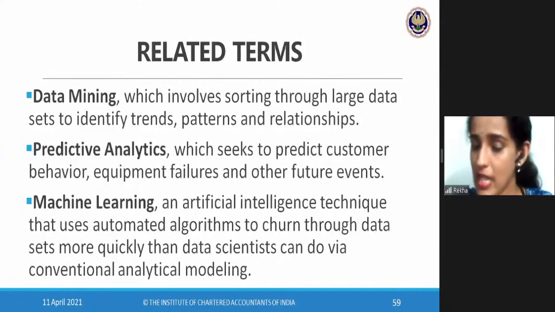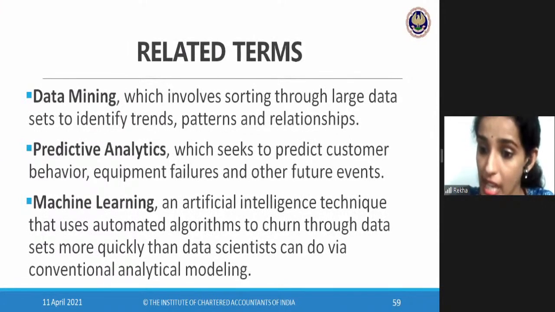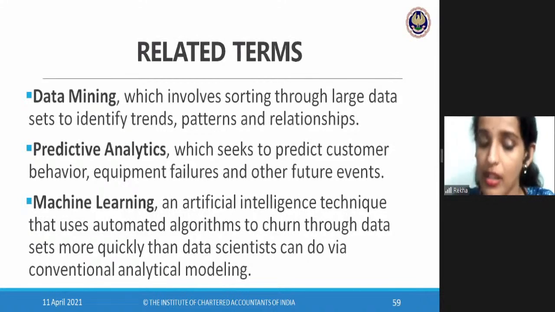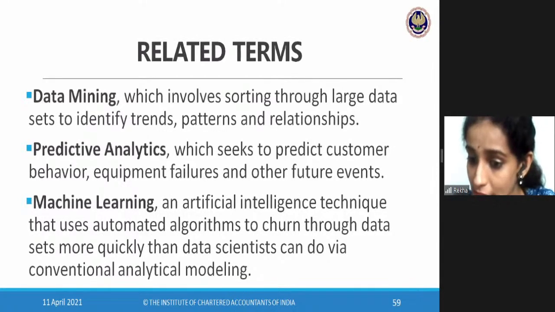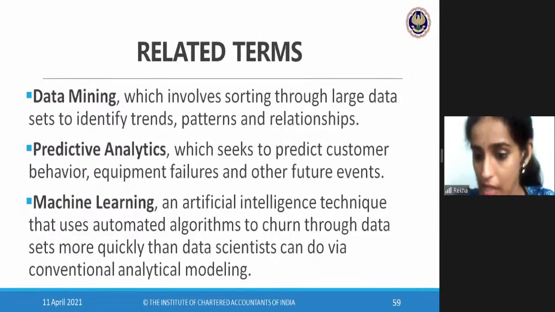Now, related terms: data mining, finding out hidden patterns. Predictive analysis is predicting the future trends, how the business is progressing, what the customer needs and customer behavior are. It is more into satisfying customer-related needs. Machine learning is more into the computational part. It uses artificial intelligence, for example in medical fields, and also sound and image conversion.